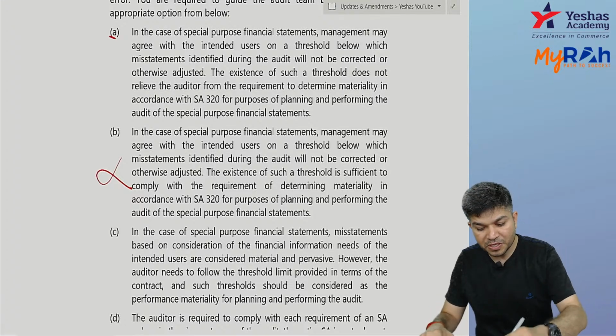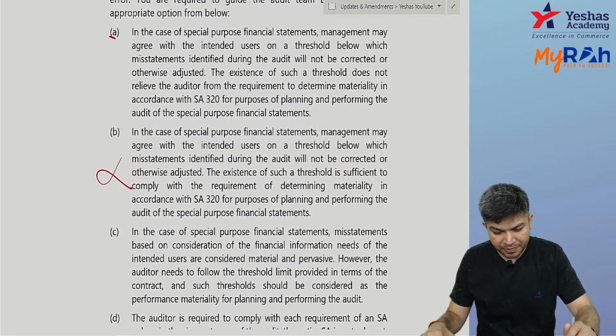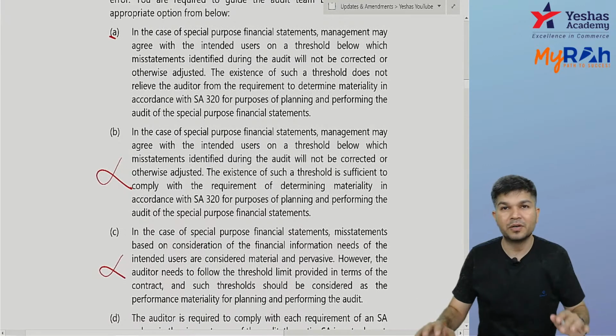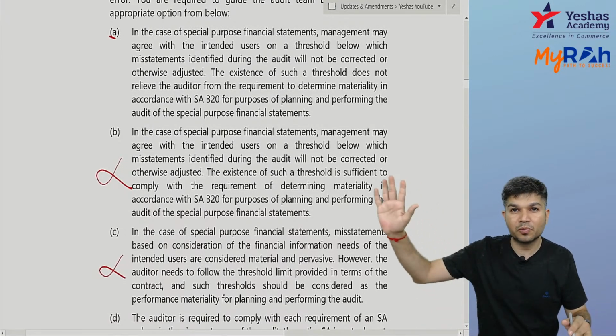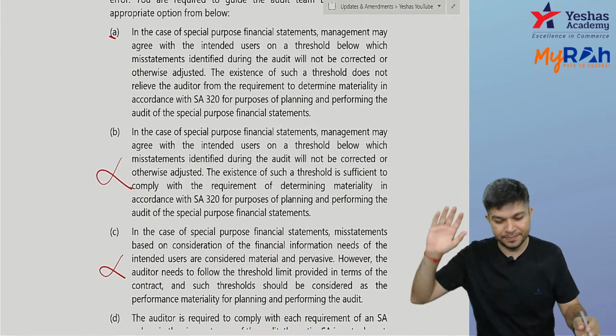Next: in case of a special purpose financial statement, misstatements based on consideration of financial information needs of intended users are considered material and pervasive. However, the auditor needs to follow the threshold limit provided in the contract, and such threshold should be considered as performance materiality. Answer is no. The threshold they have given is okay, but I need to consider the requirement of SA 320.